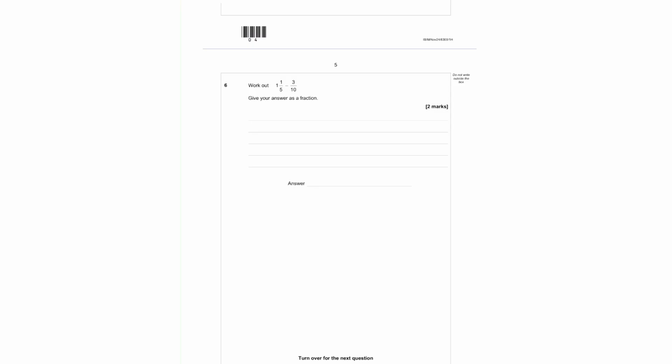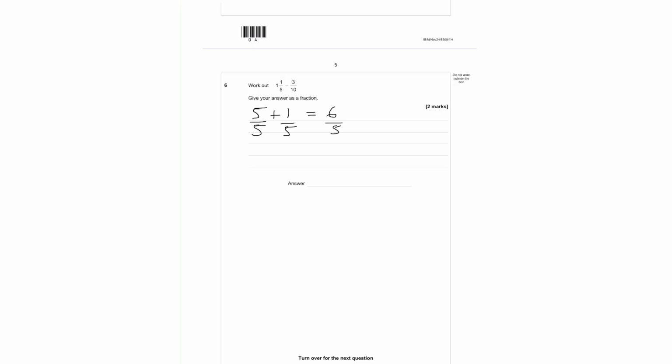The way I like to do this is we have 1 1/5. I want to write 1 as something over 5 plus 1 over 5. So I could rewrite this as 5 over 5 plus 1 over 5, and that's the same as 1 1/5, which is 6 over 5.